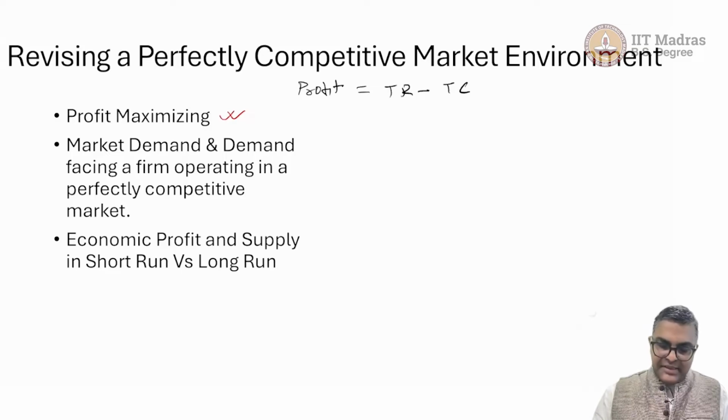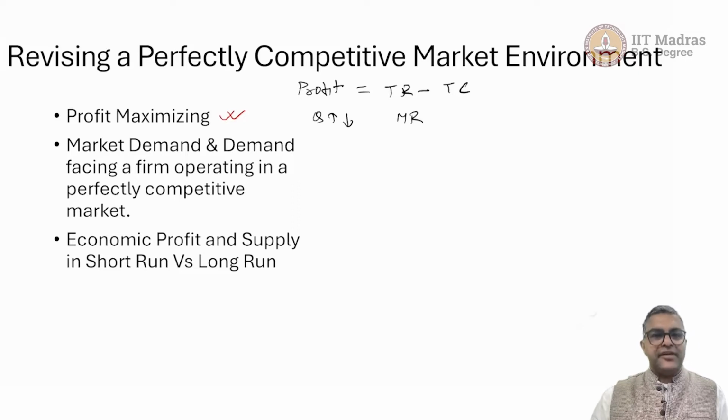If we change Q, there will be a change in total revenue, and that change is given by marginal revenue. Similarly, there would be a change in total cost, and if we change Q by 1 unit, that change will be equal to MC.